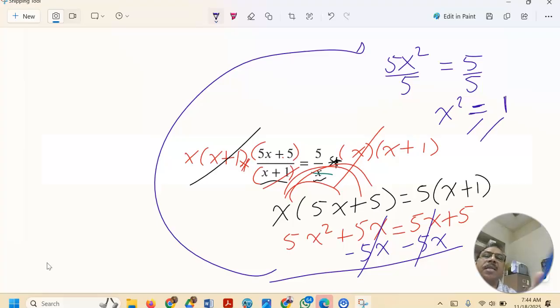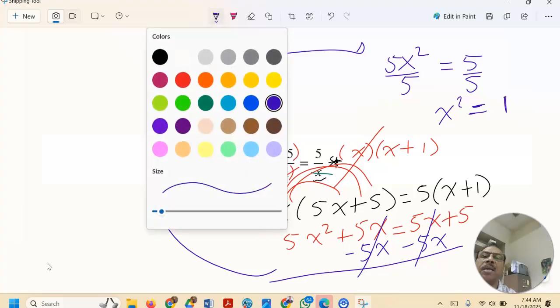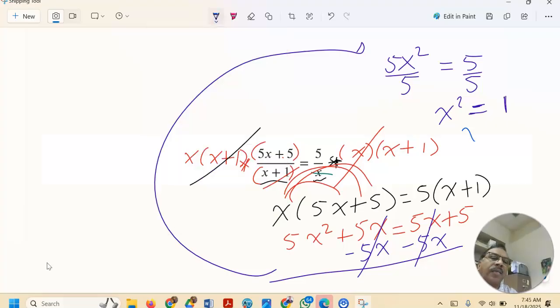The next step is, if x squared is 1, we have seen this earlier also, then x takes the value plus or minus the square root of 1, and the square root of 1 is plus or minus 1. So I'm writing all the steps just to show. Now the question is, which are the correct answers?